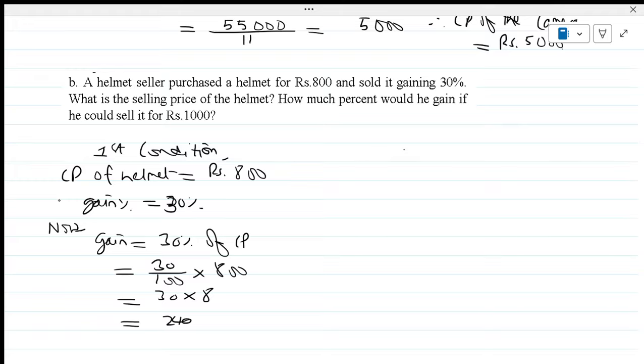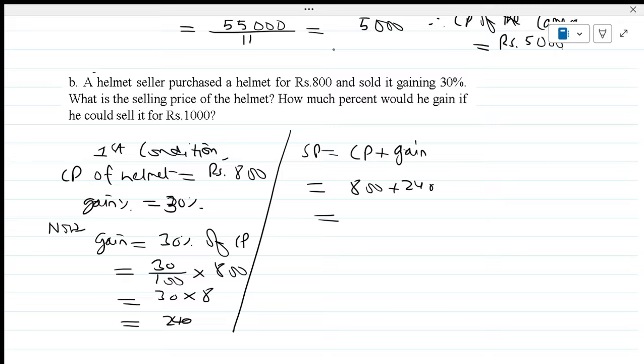By gaining 30%, he makes a gain of 240 rupees, and the selling price will be more than the cost price, since there is gain. So SP equals CP plus gain. The cost price is 800 rupees and the gain is 240, so adding, 1040 rupees will be your selling price.